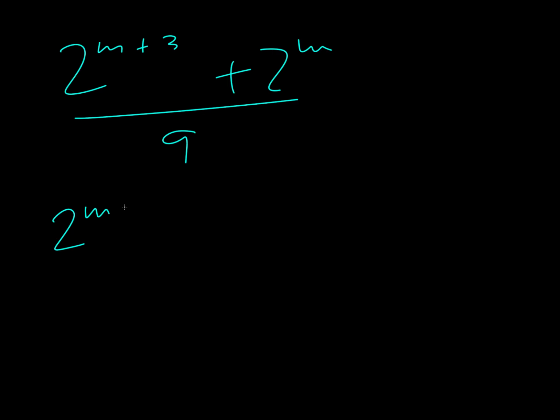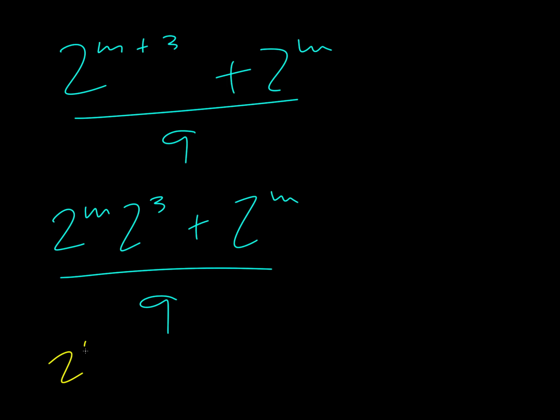All right, we're on the last one. Once again, this one can be written as 2 to the m, 2 to the 3, plus 2 to the m. And then this is 9. Factor out 2 to the m.